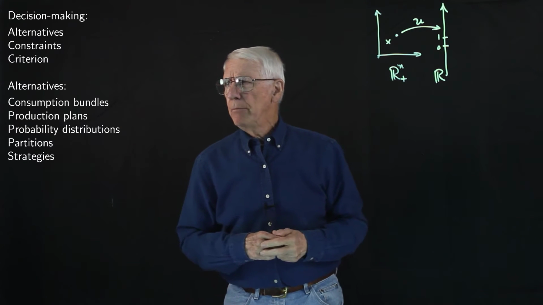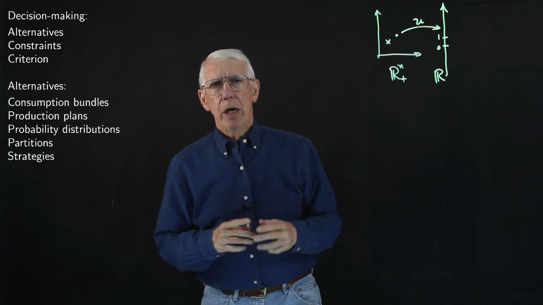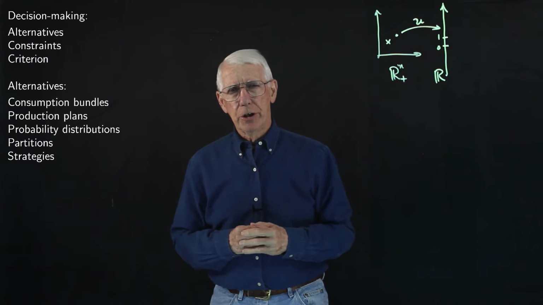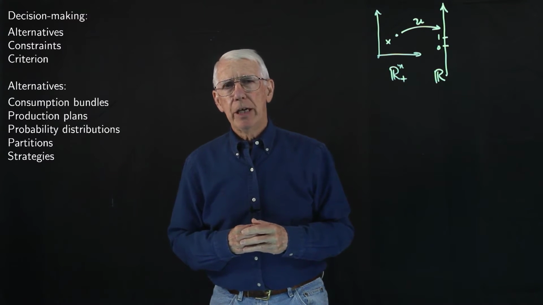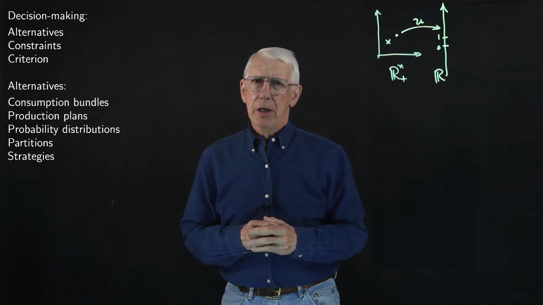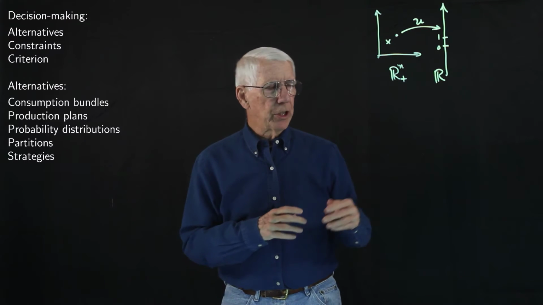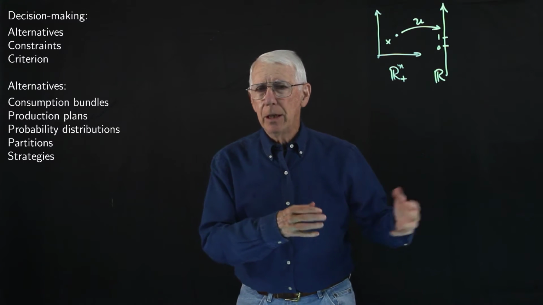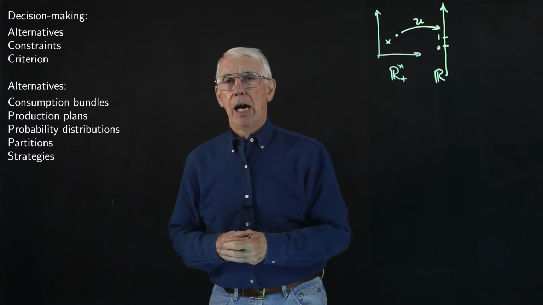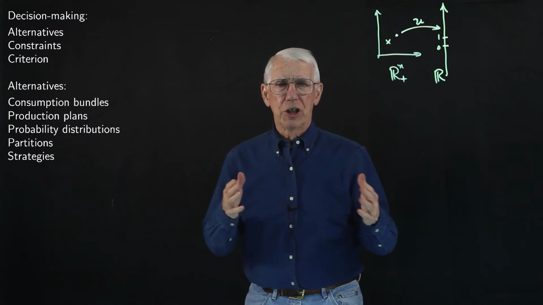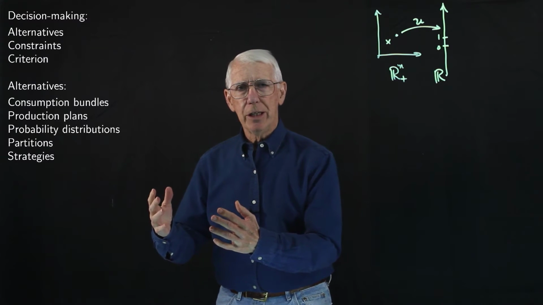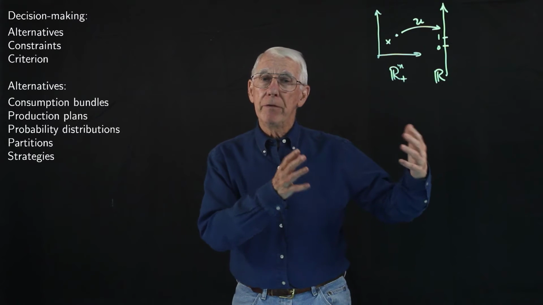And finally, I've put here strategies. So this is how we would term the alternatives when the decision maker is choosing in a game theoretic situation. It could be a game theoretic situation in pure game theory. It could be a game theoretic situation in microeconomics, when we have multiple firms competing with one another and each one needs to choose a strategy from a set of alternative available strategies.